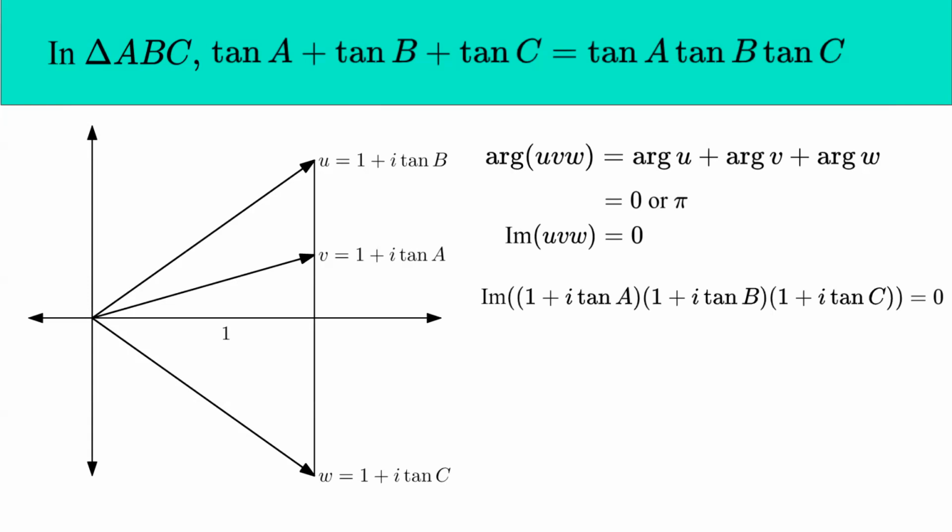Now, what is the imaginary part of this product? When we expand it, we get an imaginary number by using one of the imaginary terms in the product or by using all three.